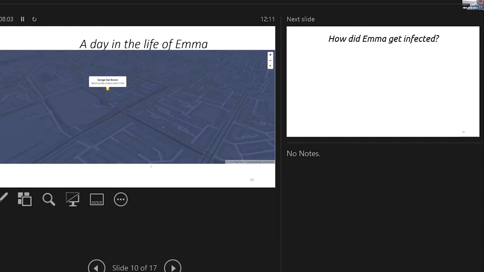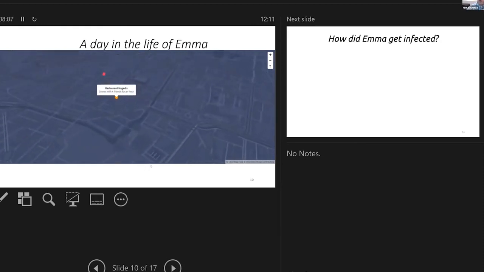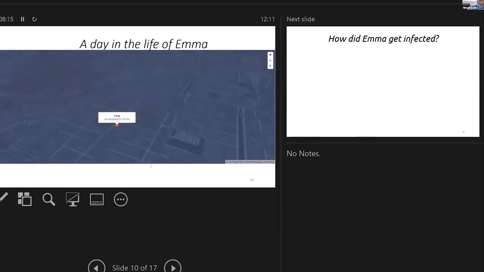Then all of a sudden she decides to have a nice dinner in a restaurant nearby. She invited her colleagues and her friends there. So they're having dinner. And by the end of the day, she also decided to go to a supermarket nearby. And then, as always, she's supposed to end up somewhere, to get home somehow.